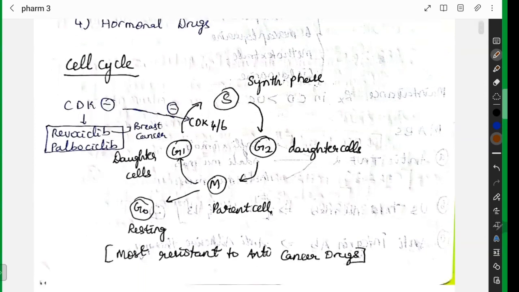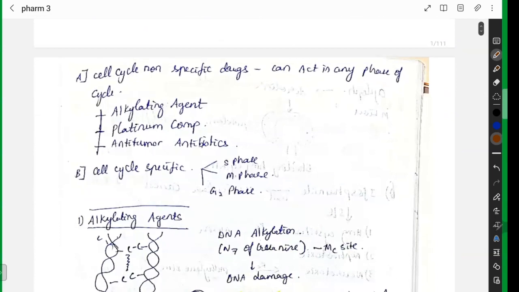The first one you're going to read is the cell cycle non-specific drug. It can act on any phase of the cell cycle. Whichever phase of the cell cycle the cell is in, these drugs can act. So that is going to be your alkylating agent, number 1. Number 2, you're going to have the platinum compounds.